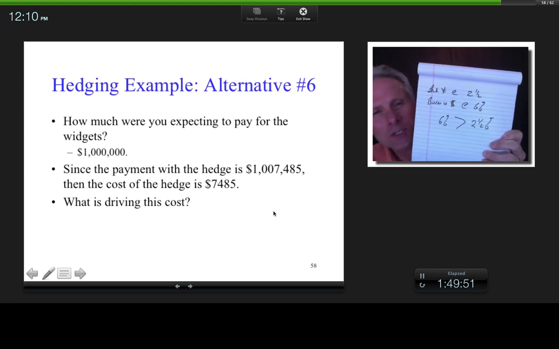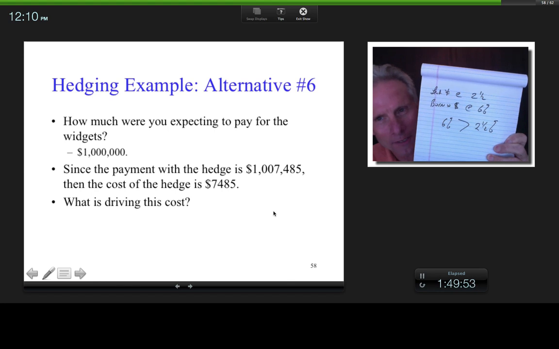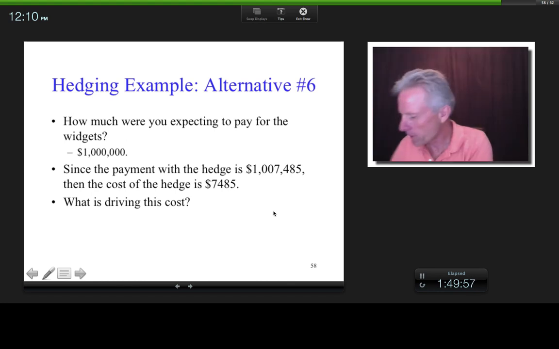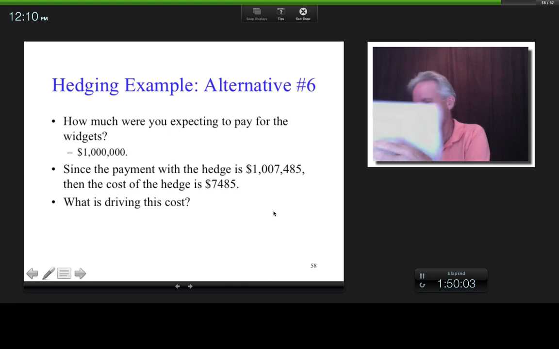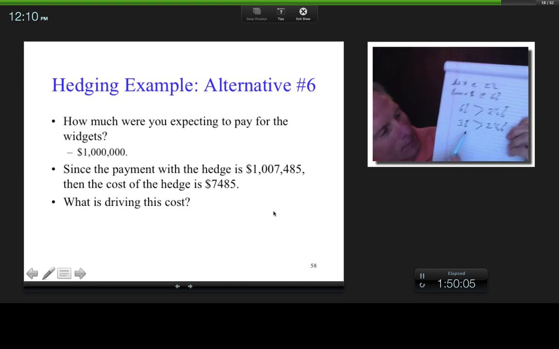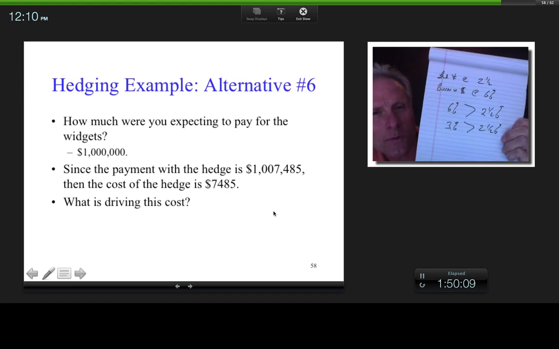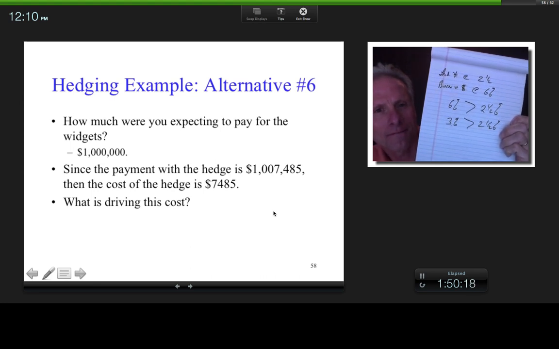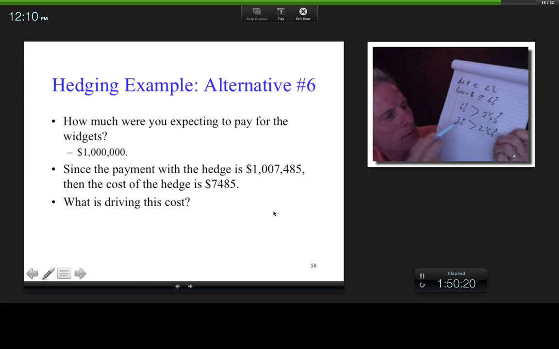However, that's not completely correct, really. In fact, there's really another layer of thinking, because if we had somehow been able to borrow at 3% and lend at 2.5%, so if we'd been able to get this rate instead of the 6, then guess what the cost of the hedge would have been? It would have been 0. Why is that? Well, does this 3% look familiar?